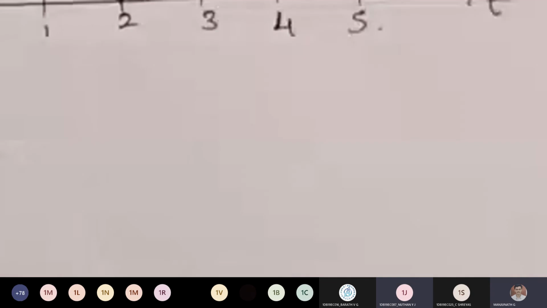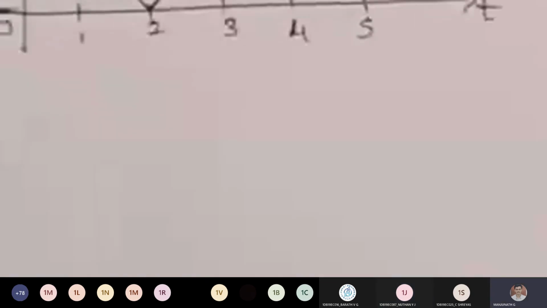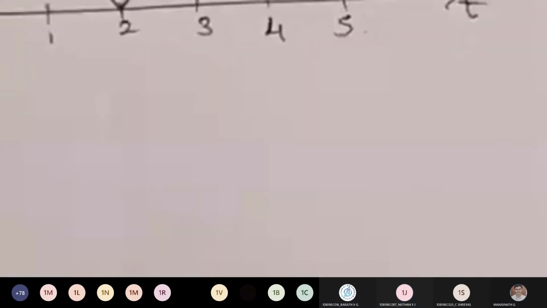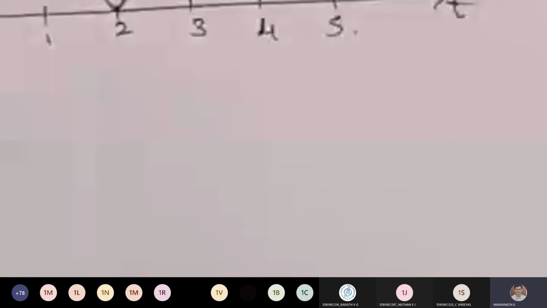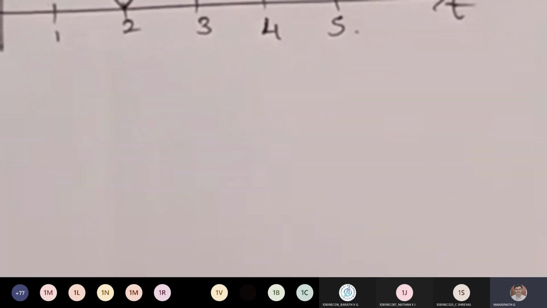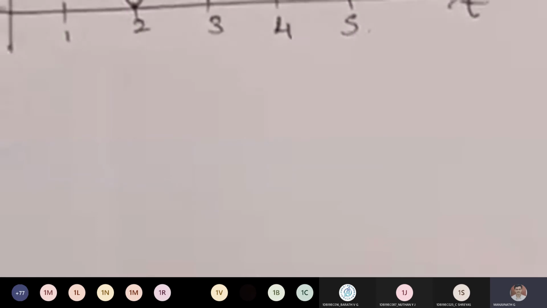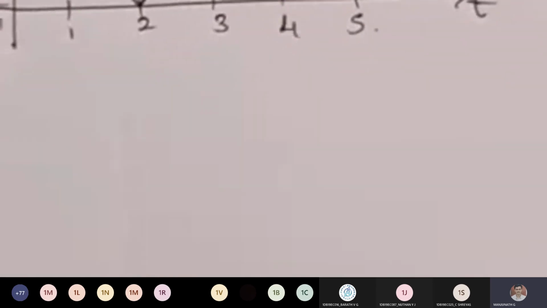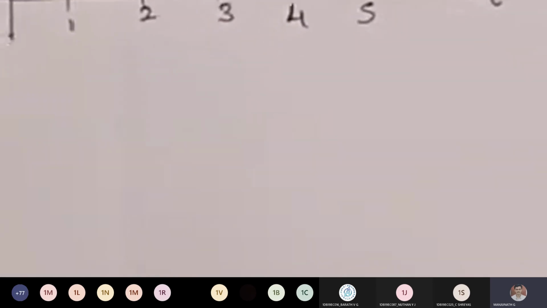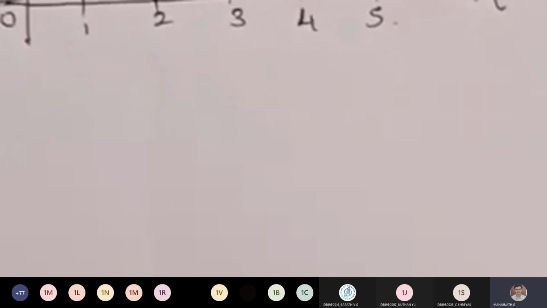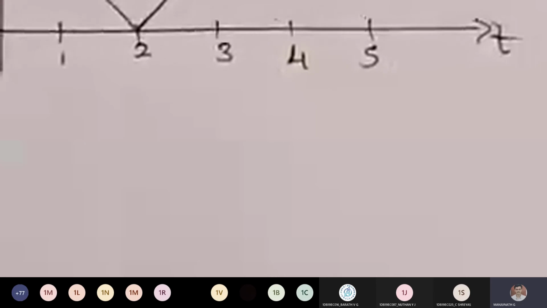Is it so? No, sir. Just check. I think everything will get cancelled. It will retain its position. It will be at 0 only, like what your friend has written. It is constant. So I think after 3 it is going to be kept constant. So just check how it will come to 0 here once more.